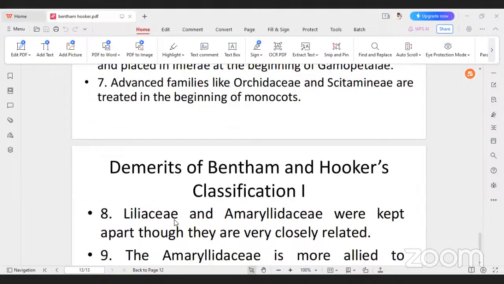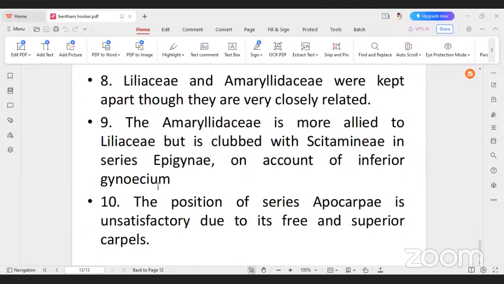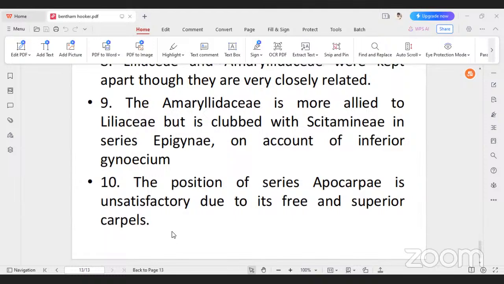And Liliaceae and Amaryllidaceae were kept apart in separate branches though they are very closely related. And the position of the series Apocarpae is unsatisfactory due to the free and superior carpels. So these are the 10 demerits.